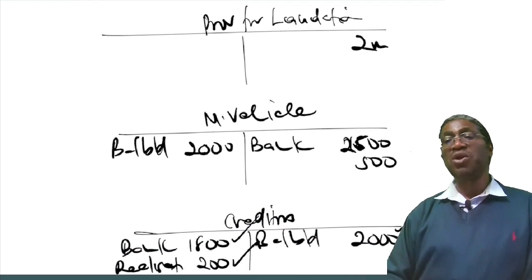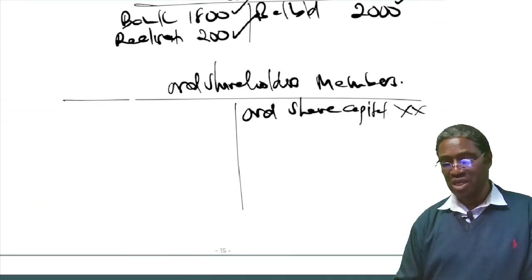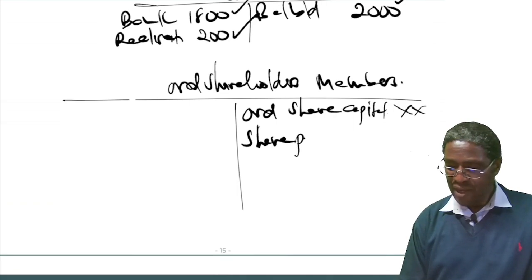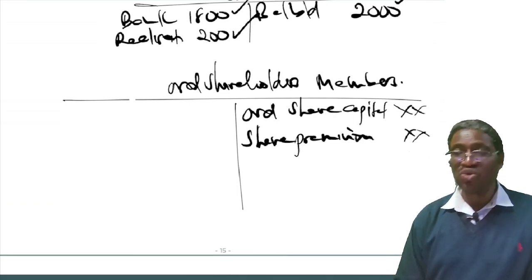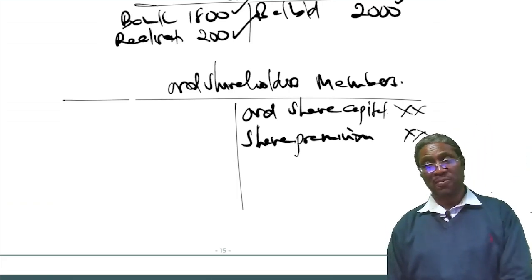It's an amount that belongs to them. So let's bring it to this liability we have opened for them, and we come and say share premium. I'm using it as an example of a positive reserve. Otherwise, it could be revaluation reserve, it could be the general reserve, and so on.